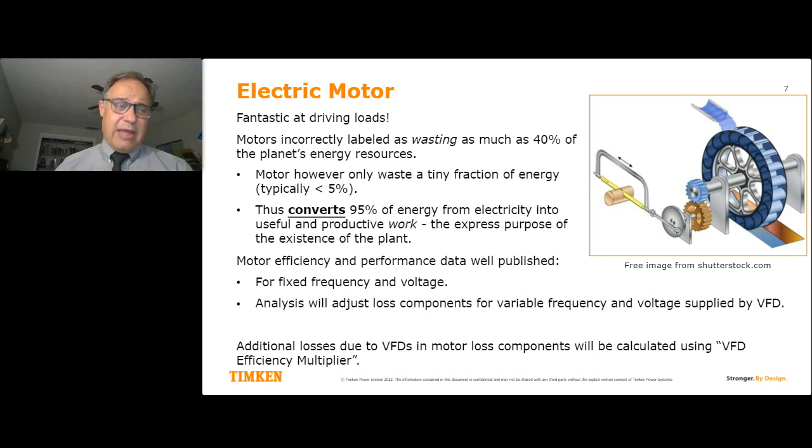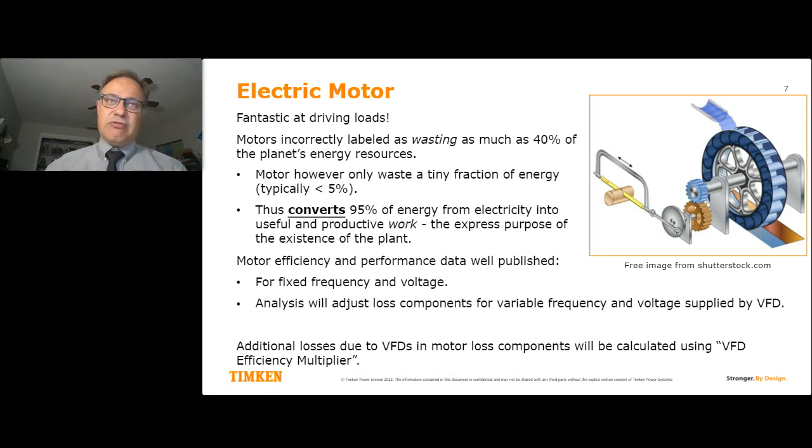Now, motor efficiency and performance data is very well known. It's very well published. For any motor you buy, you can get the performance data without any issue, except this data is for fixed frequency and fixed voltage. And for our analysis, we want to look at what happens when I use a VFD. As we said previously, we've got this adjustment factor for the losses. In the data that's published, the OEM does not publish the specific loss components.